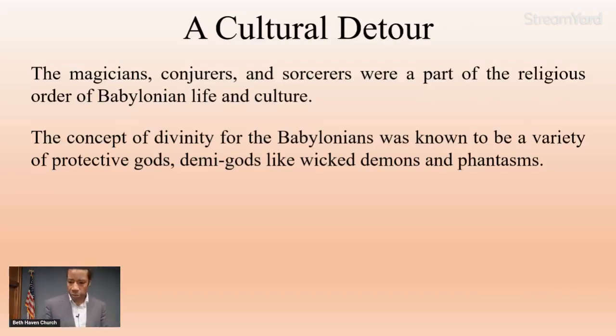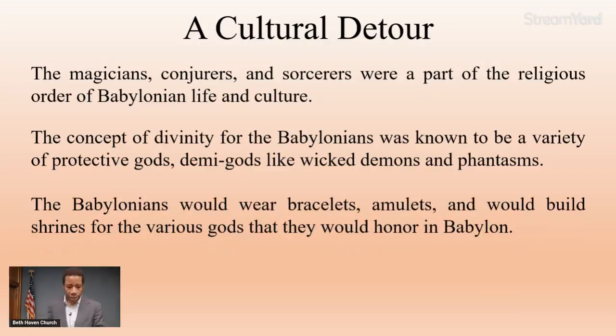As a result, they were very highly superstitious, and they would honor these gods in particular ways. One of them was the Etemenanki, that huge ziggurat in the center of the city of Babylon. But they would also wear amulets, bracelets, and necklaces. They would build personal shrines for these various gods, probably within their homes and residences, that they would honor and recognize.